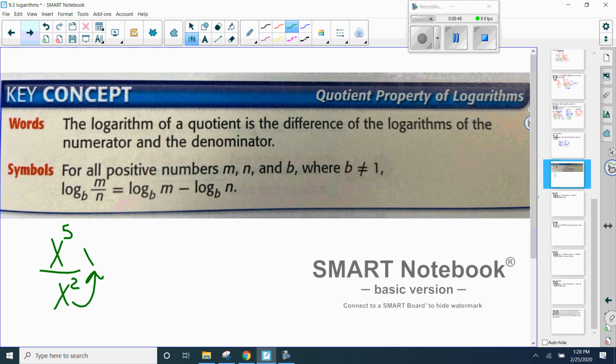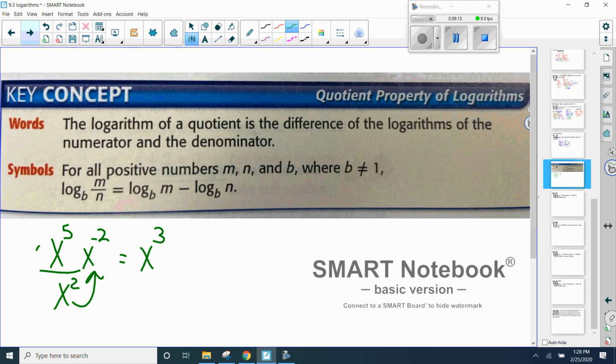You subtract by moving it up, and then we say that our answer is x to the 3rd. So what we're going to do is work with logarithmic format now instead of exponential format, but you're dealing with the exponents. So the logarithm of a quotient is the difference of the logarithms of the numerator and the denominator, for all positive numbers m, n, and b, where b does not equal 1.